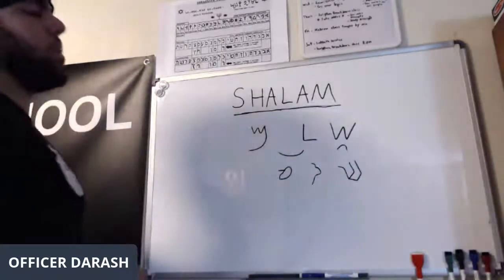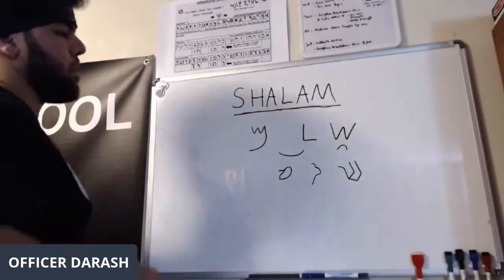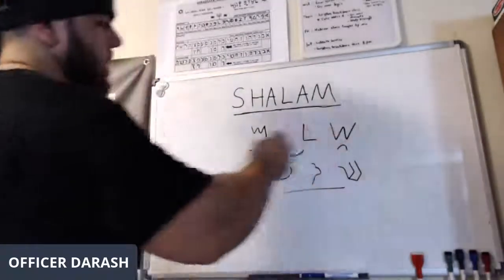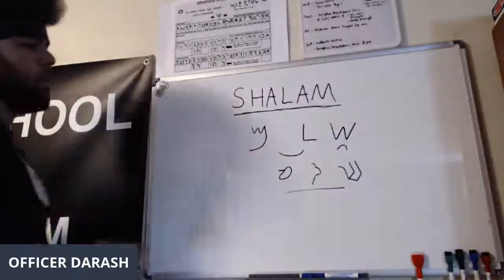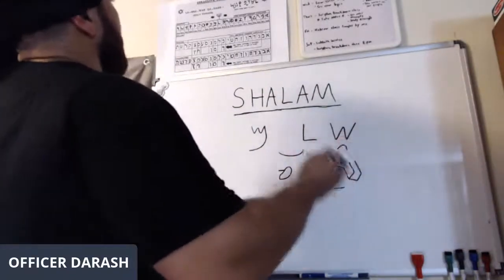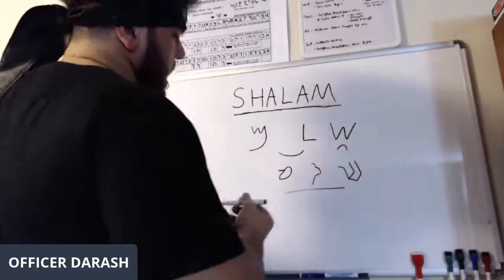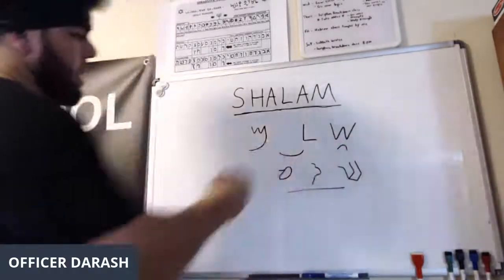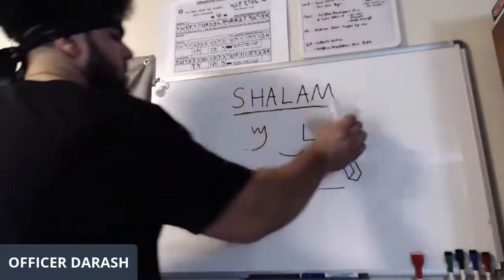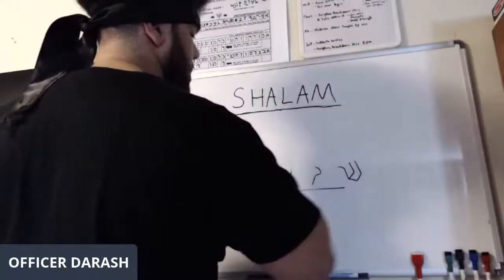So if we're reading the Blue Letter Bible and we come across this word, we know that in ancient Lashawan Qadash, this looks like that. This looks like that. Understand? So that is shalom.